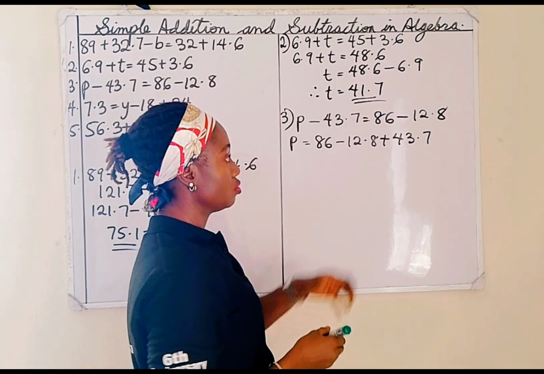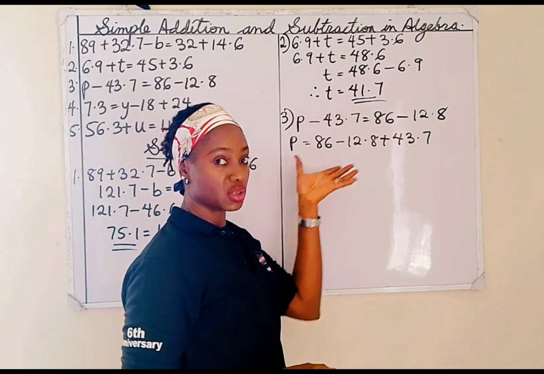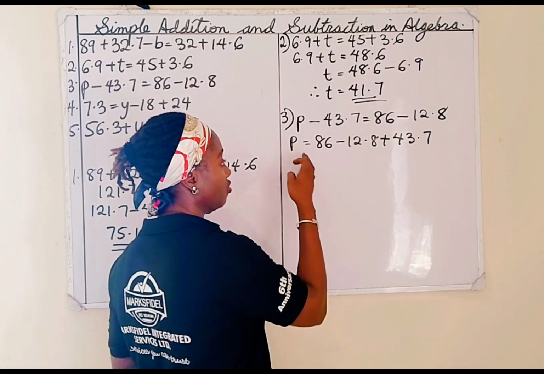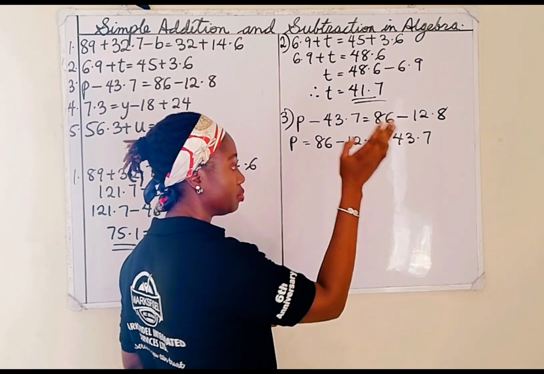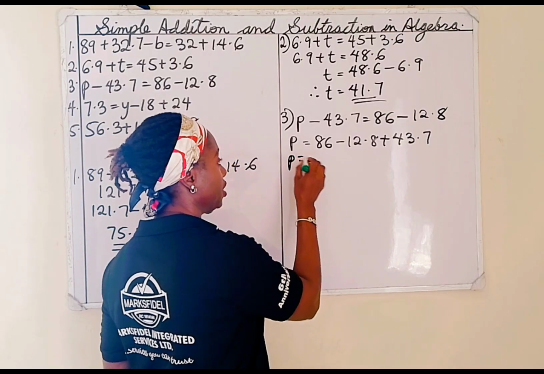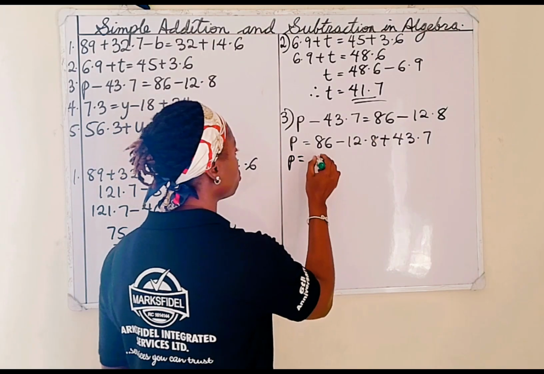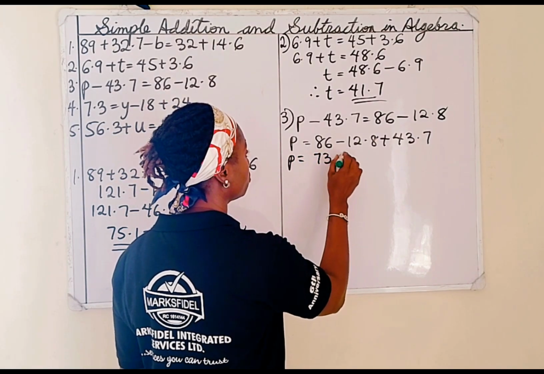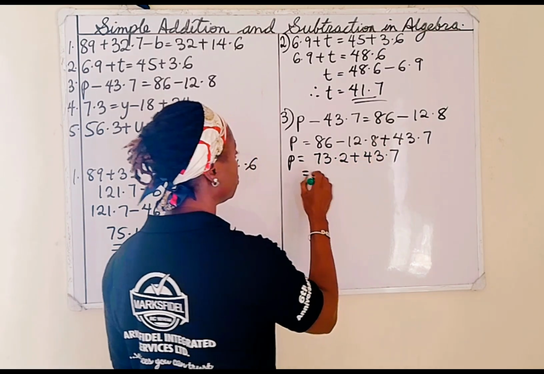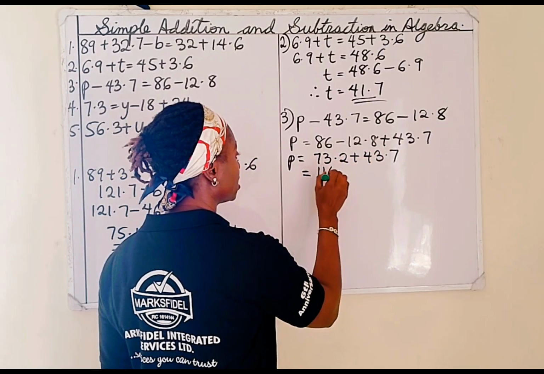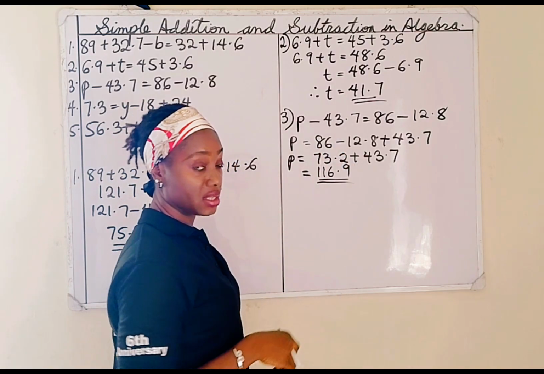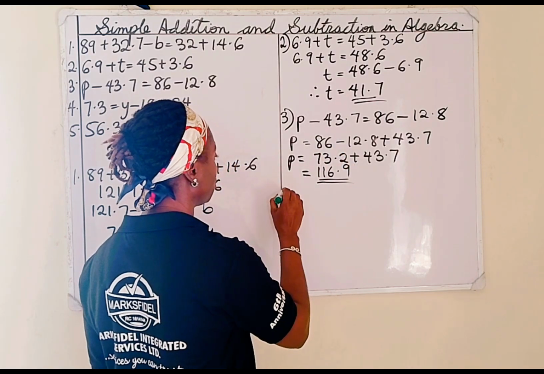So instead of doing this and moving over, you can just move it straight from the beginning, from the question. Then you have P equals 86 minus 12.8 plus 43.7. Then P equals 73.2 plus 43.7. That's 116.9. And that's the final answer for question 3.